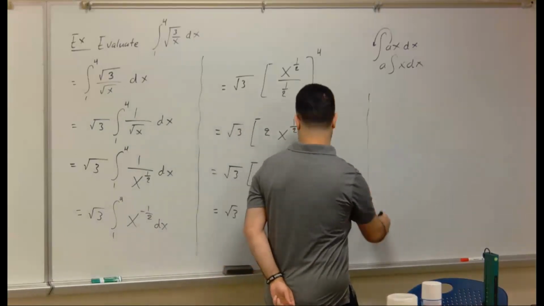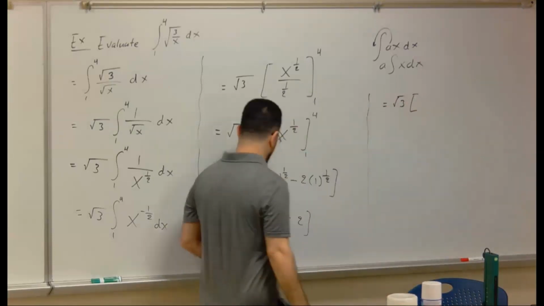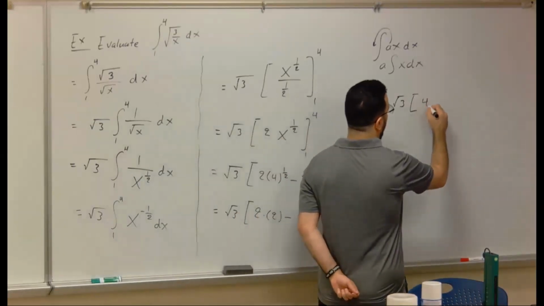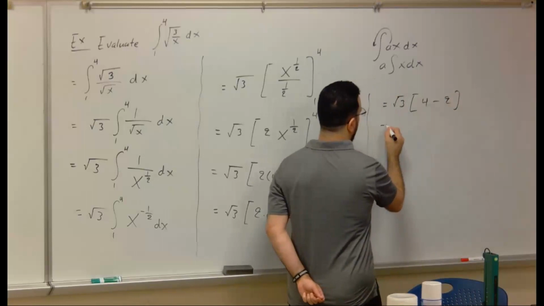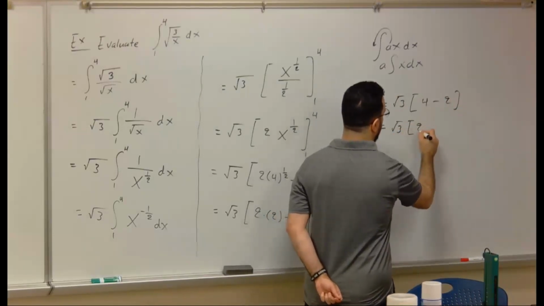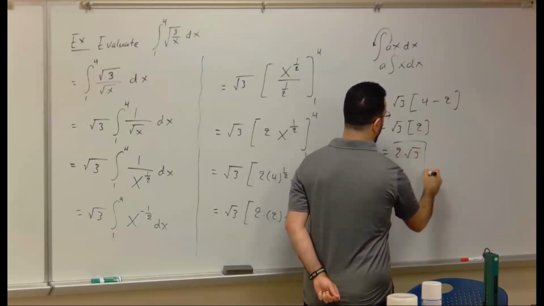That means we get square root of 3 times 2 times 2, 4, minus 2. And 4 minus 2 is going to be 2. That means the result is going to be 2 square root of 3.